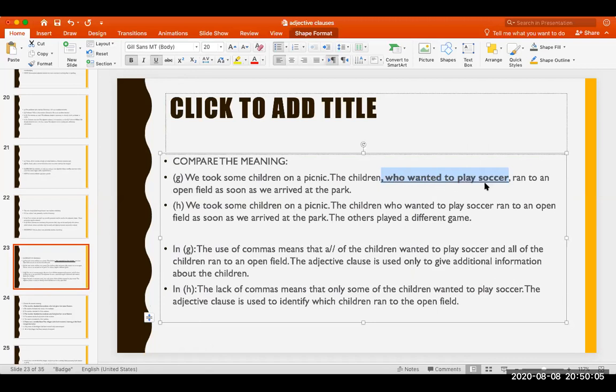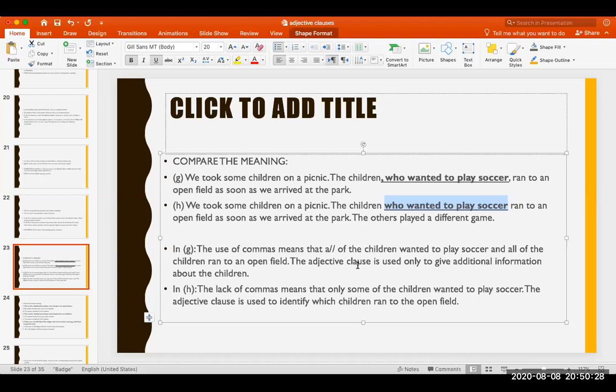We use commas. And look at this one. There are no commas used in this second example. Is there a difference in meaning? Yes, there is a difference in meaning. Remember, if you use commas, it means the information is unnecessary. You can delete the information because the idea is clear.